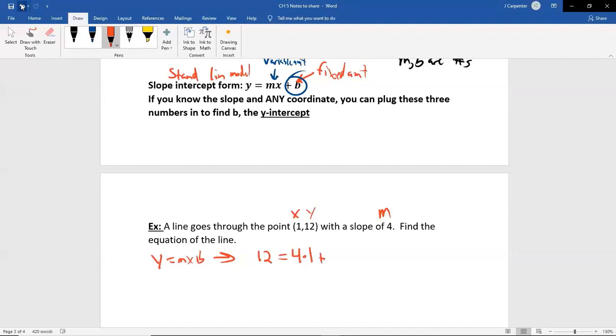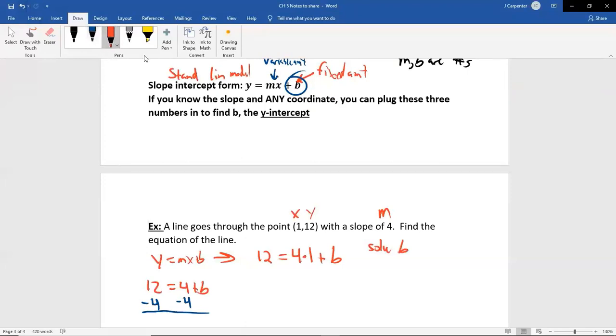I didn't tell you that, did I? Leave it that way. Honestly, if you don't want to use the letter b, don't use the letter b. If you want to use the letter f for fixed amount, that would be cool. I'm perfectly fine with that. But what we've got to do here is solve for b. Well, 4 times 1 is 4, so that's 12 equals 4 plus b. I really hope you know how to do your algebra to solve this. I'm kind of scared if you don't.